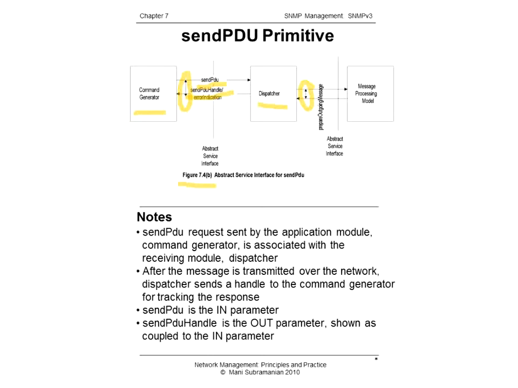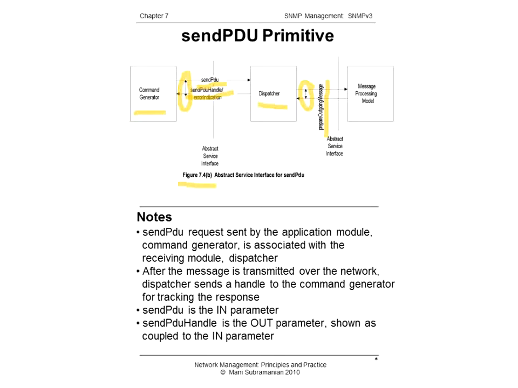The dispatcher also generates a request to the MPM, that is, prepare outgoing message. The prepare outgoing message has both in and out parameters, and information flows in both directions. The numerous in and out parameters associated with primitives are not identified in the figure for the sake of simplicity.